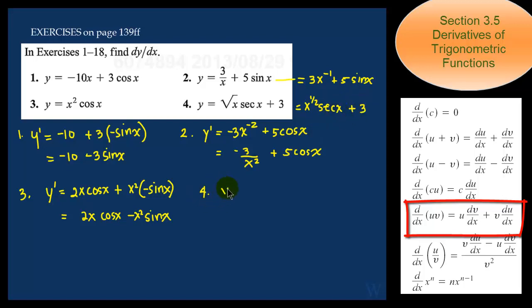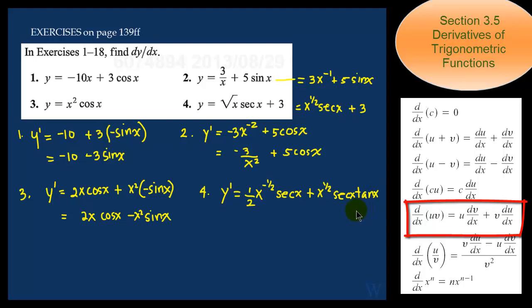So y prime therefore would be equal to, first let's take the derivative of x to the 1/2, which is 1/2 times x to the 1/2 minus 1, which is negative 1/2, times secant of x. So we're using the product rule on the first term, plus x to the 1/2 times the derivative of secant, which is secant x times tangent x. And of course, the derivative of 3 is 0.